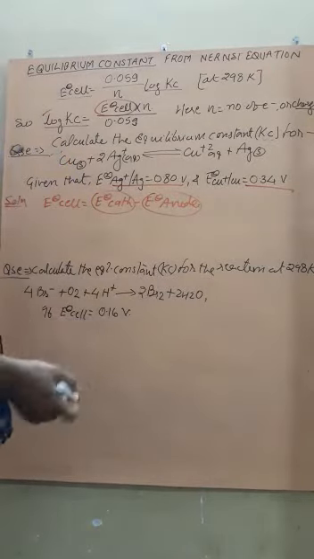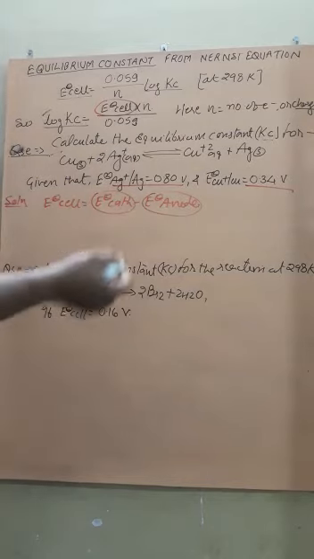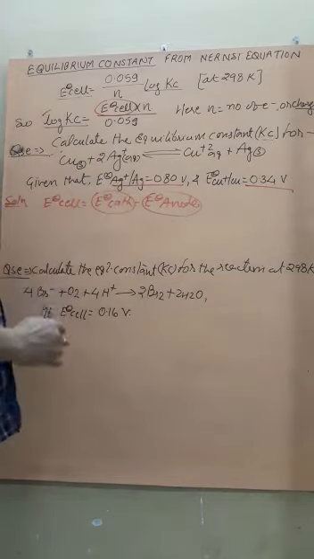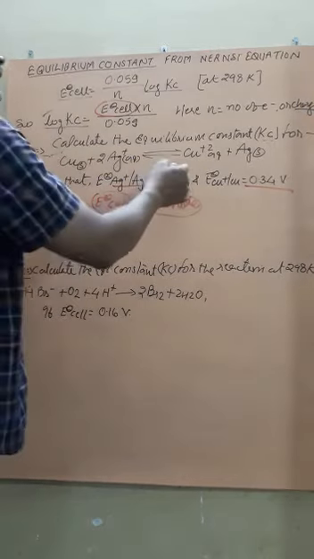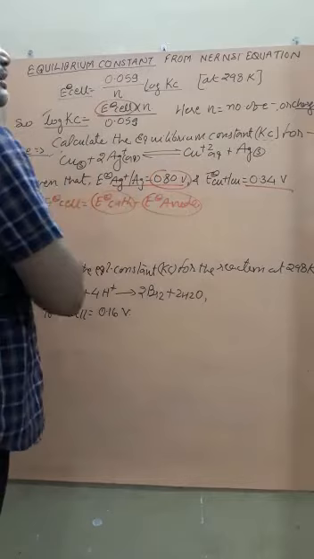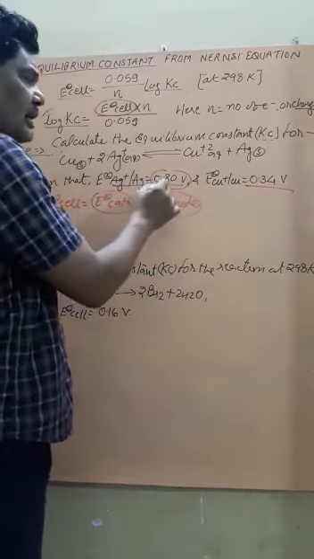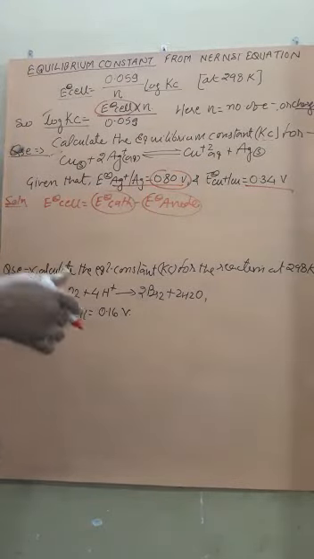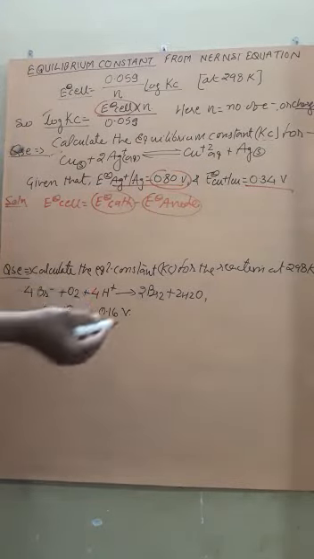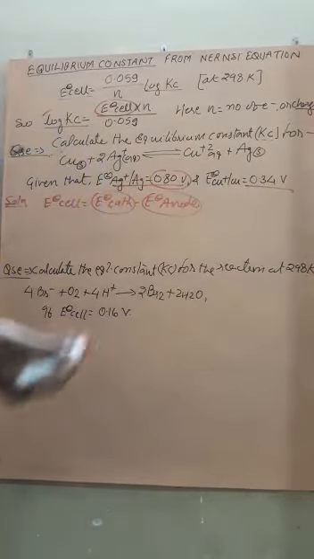That is simple. You can say cathode is less reactive, anode is more reactive. Otherwise, you can also find by their standard reduction potential value: the one which has the more positive value is getting reduced, and the one which has the less positive value is getting oxidized.